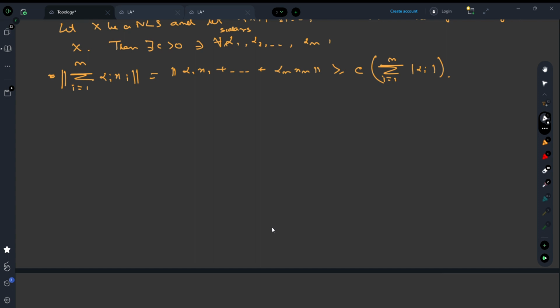We will be constantly using this. So the first thing which we want to state is that every norm over a finite dimensional normed linear space is equivalent.